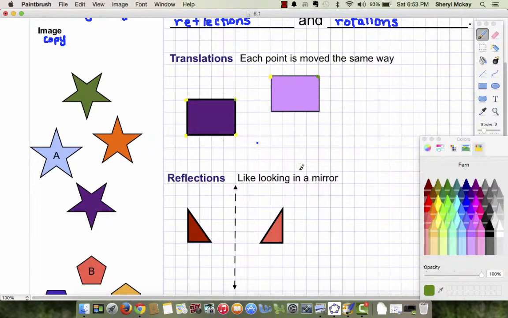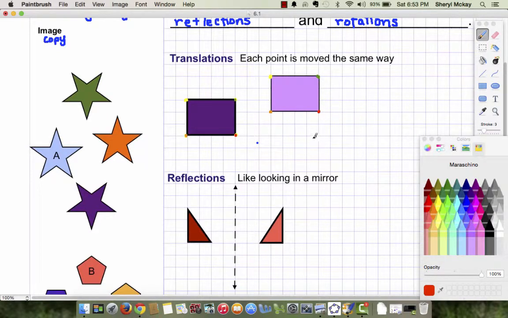And then I take my next point and I go from here up 2 and over 1, 2, 3, 4, 5, 6, 7. And then my last point right here, I go up 2 and over 1, 2, 3, 4, 5, 6, 7.